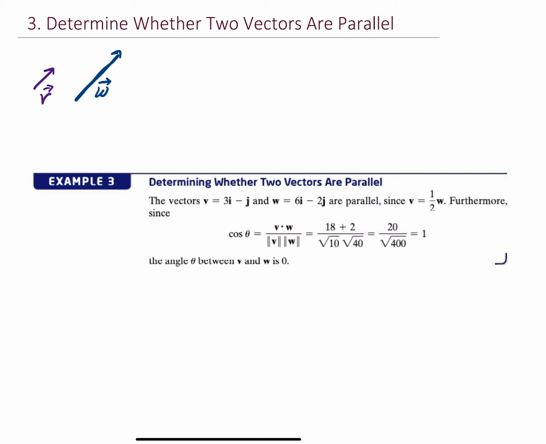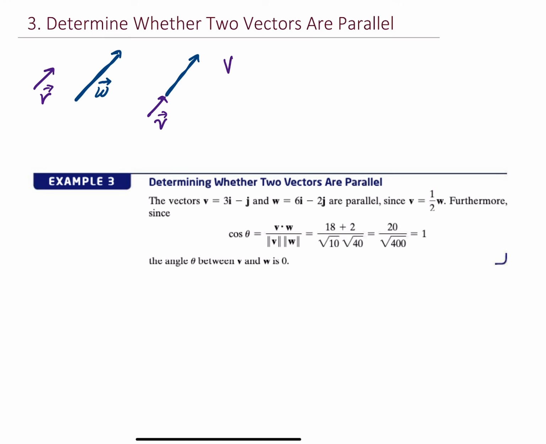So if they're parallel, that means they have the same directional angle. So in one sense, we could say the angle between them is 0. That would be one way to determine if the vectors are parallel. But if we place them on top of each other, if we move them around, they have the same direction, so that means one is really just like a scaled version of the other. We could say that our vector w is some scaled version of v.